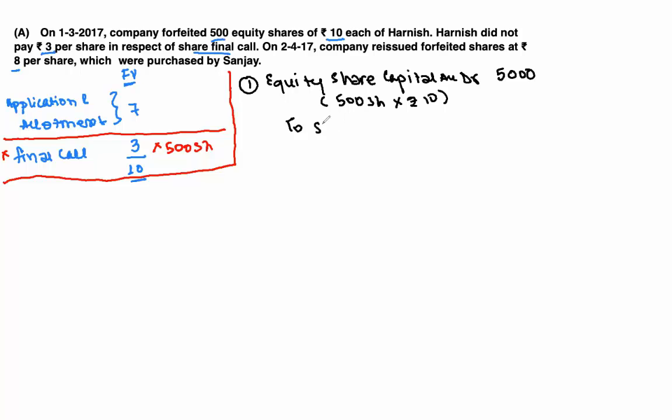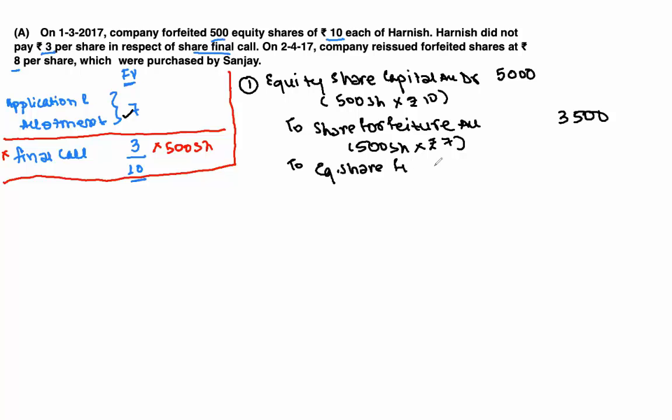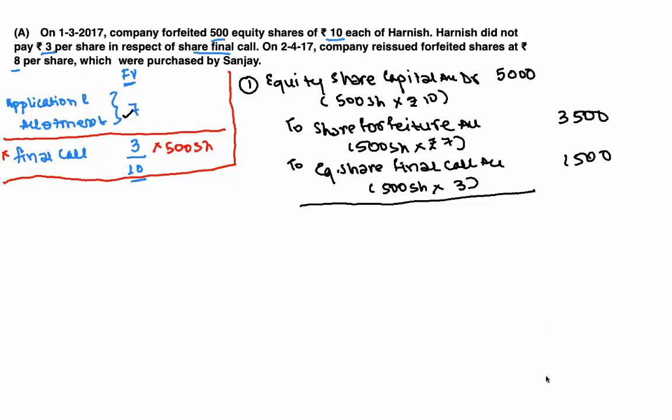To share forfeiture account, again 500 shares into what we have received so far, 7. So into rupees 7 per share, 3,500, and to equity share final call account, 500 shares into 3, 1,500. So here goes our entry for share forfeiture.